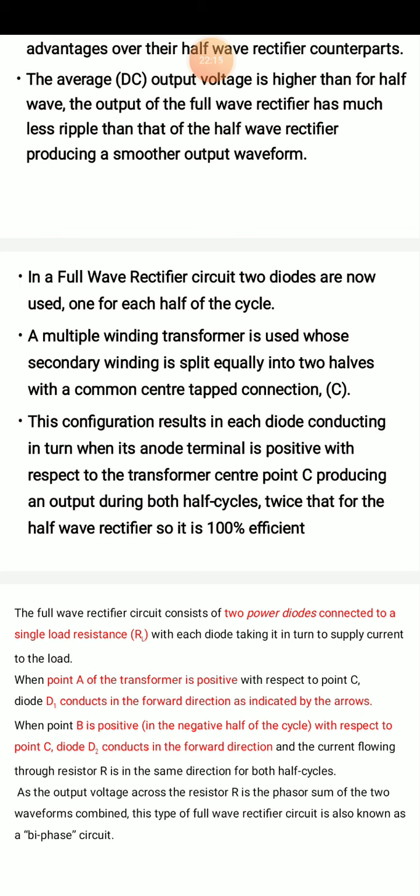These two factors are to be considered. You can see the transformer center point C producing an output during both cycles, twice that of the half-wave rectifier, so it is 100% efficient. That's why the efficiency of the full-wave rectifier is higher than the half-wave rectifier.